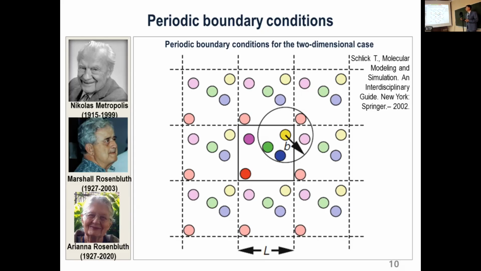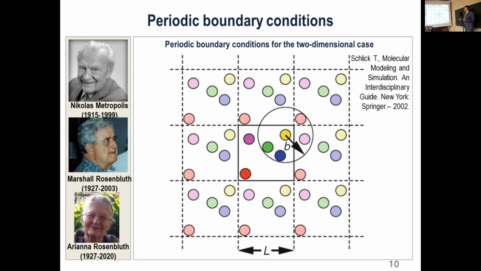And we use such a method when we take some simulation box. And if some particle goes out from the simulation box, another particle goes into the simulation box with the same velocity.